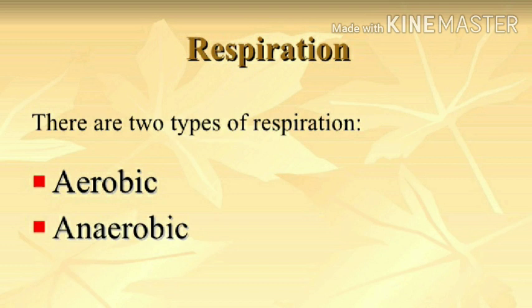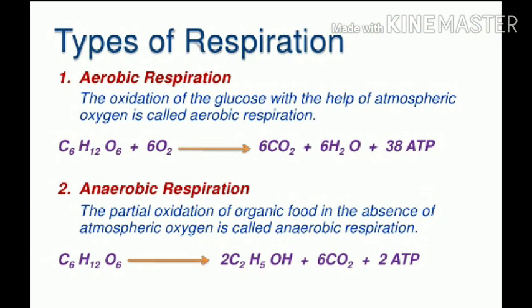Respiration is basically of two types: aerobic respiration and anaerobic respiration. During aerobic respiration, glucose is oxidized with the help of atmospheric oxygen. Here, glucose releases carbon dioxide, water, and about 38 ATP molecules.